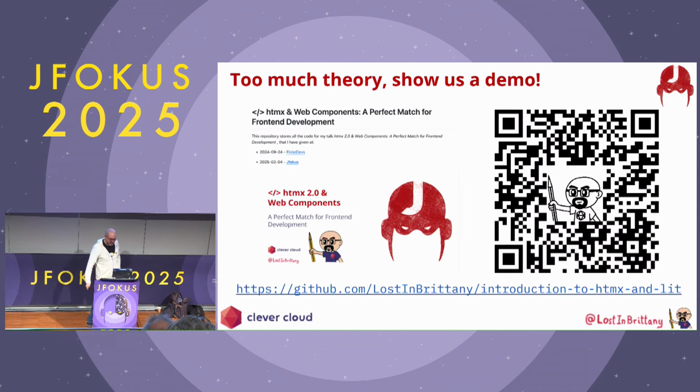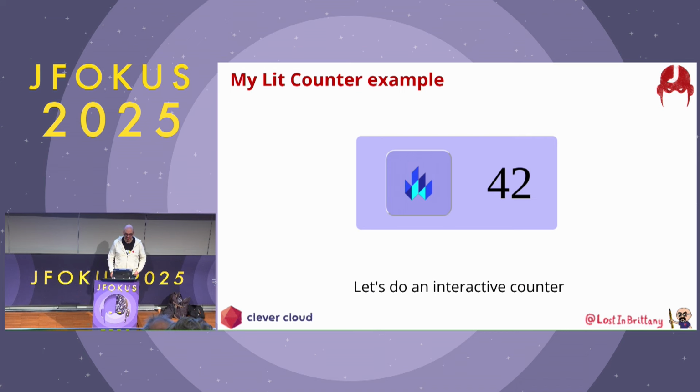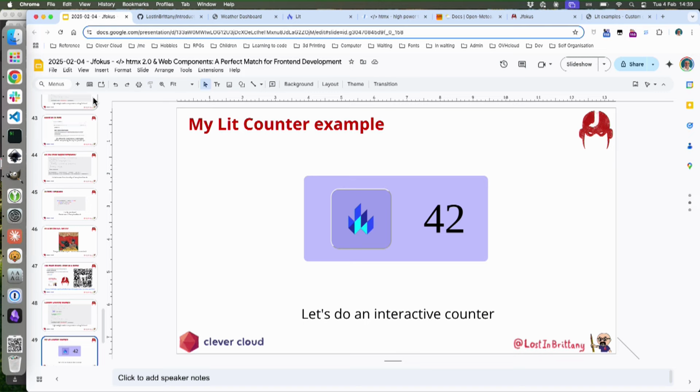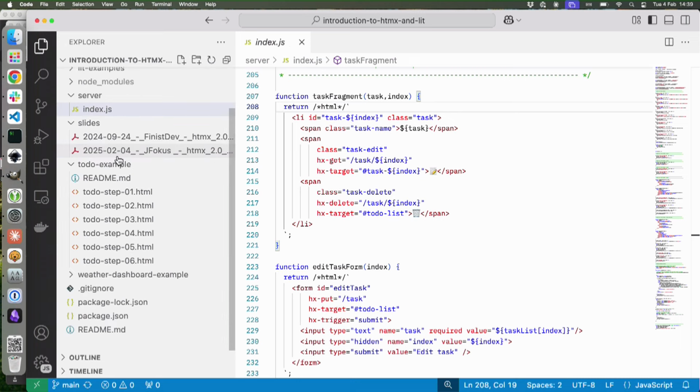So again, let's do a demo. This one, we have already done. I am going to do now this small counter. Let's do something interactive. I need 3 minutes maybe. Let's do it.